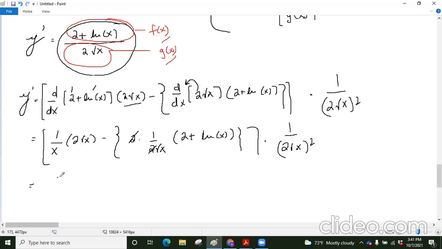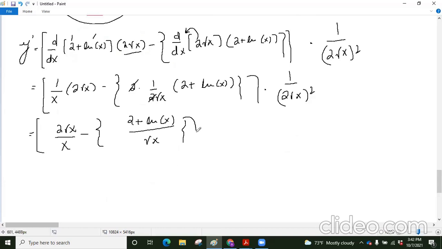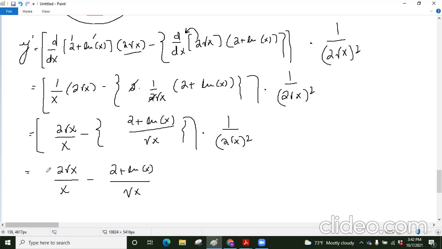So what you're really left with is 2 under root x over x minus 2 plus ln of x over under root x, multiplied by 1 over 2 under root x squared.